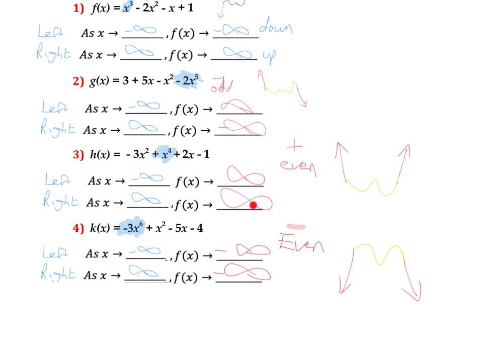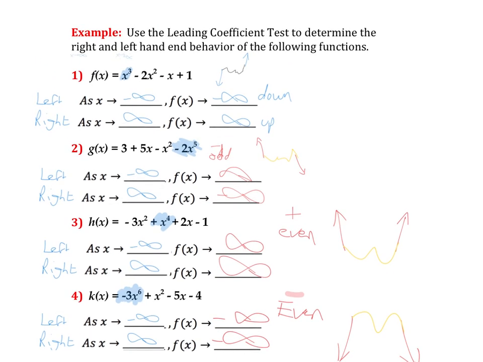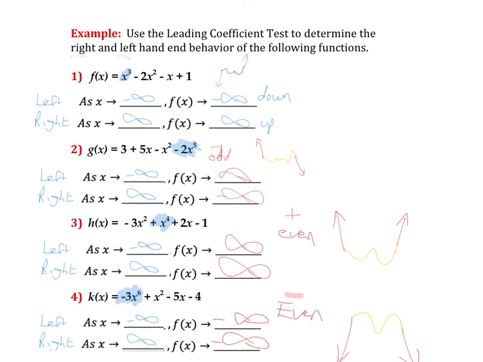So if you know one end behavior, you know the other. On odd functions, you have one of each. So one will be a positive infinity, the other one will be a negative infinity, and use the right arrow to kind of guide you based on the positive or negative aspect of it.